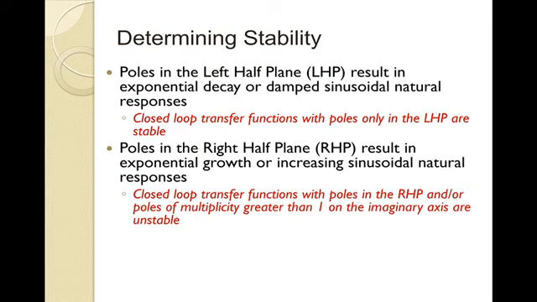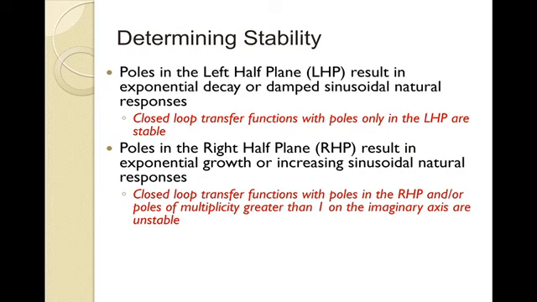Contrary to that, poles that exist in the right half plane will result in exponential growth or increasing sinusoidal natural responses. The definition shown in red is that a closed-loop transfer function with poles in the right half plane and/or poles of multiplicity greater than 1 on the imaginary axis is going to be unstable. So we're talking right and left half plane, so let's draw that.